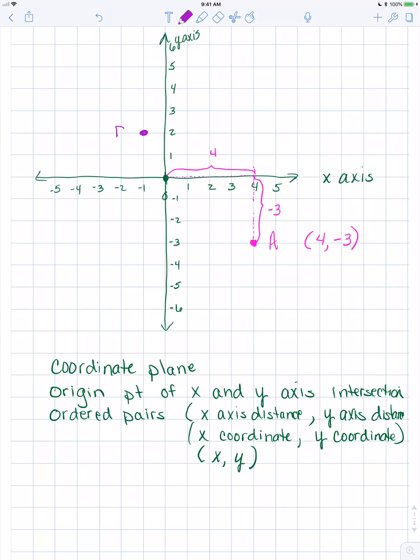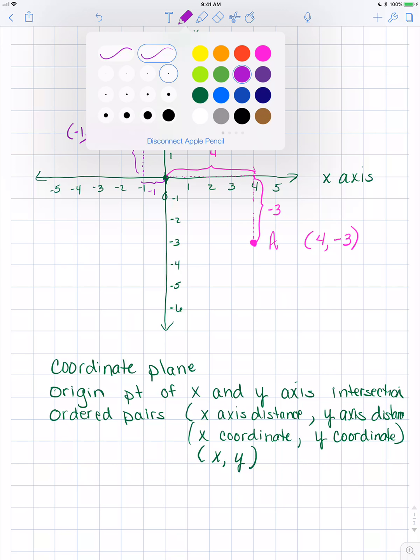So let's say this one is B. All right, so again, we do the x-axis first. So we go negative 1 on the x-axis. And then we're going up 2 units on the y-axis. So B is negative 1, 2. And that's how you always label those as ordered pairs.